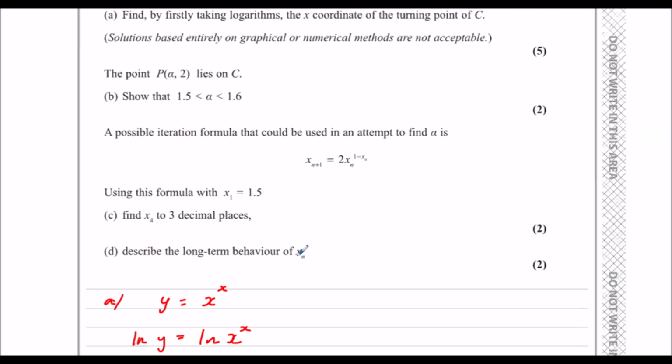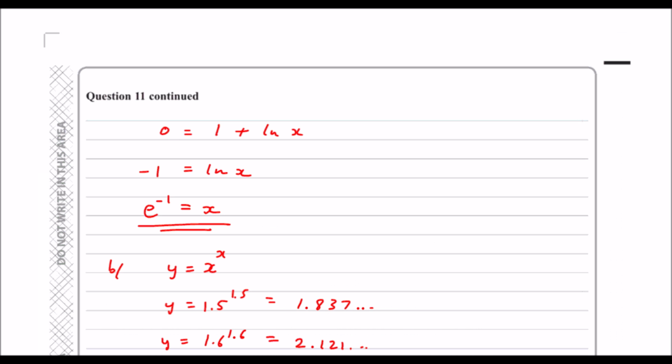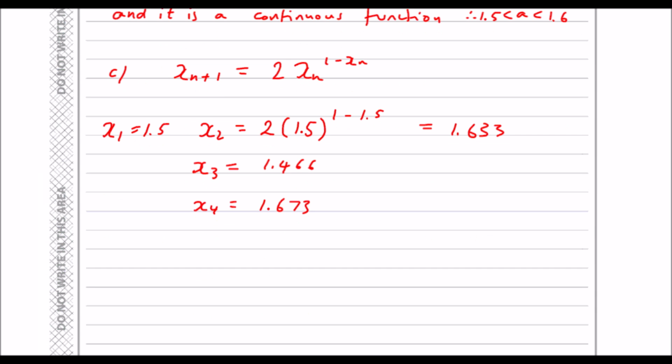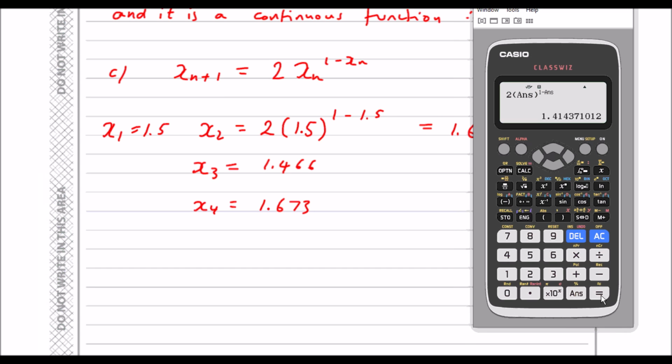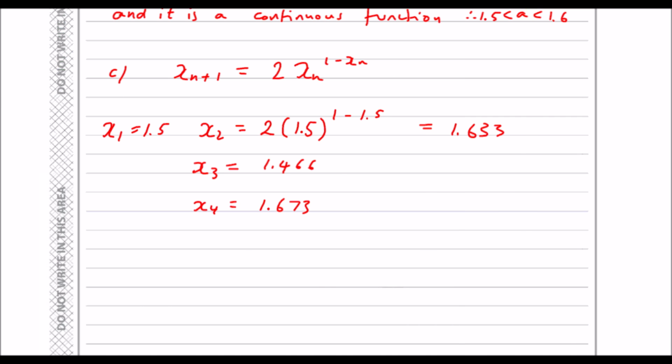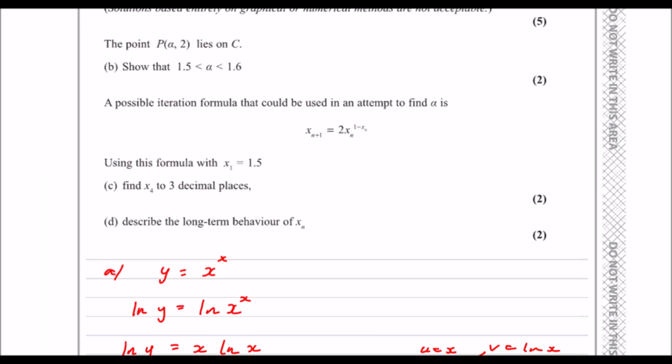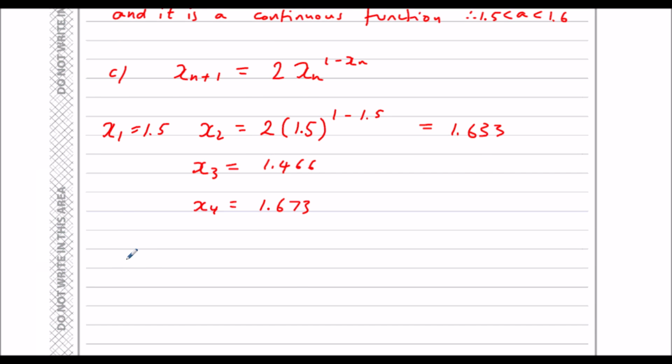Describe the long-term behavior of x(n). So let's see what happens if we keep pressing equals. 1.414, 1.732. Right, so the long-term behavior is, well, this 1, 2, 1, 2, 1, 2. So part D, describe the long-term behavior.